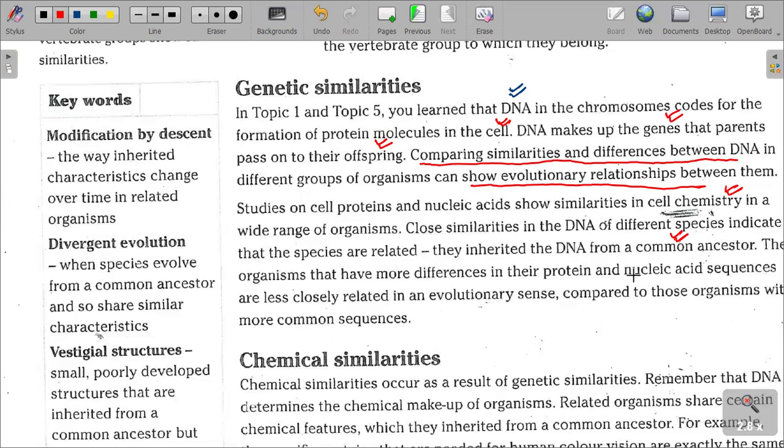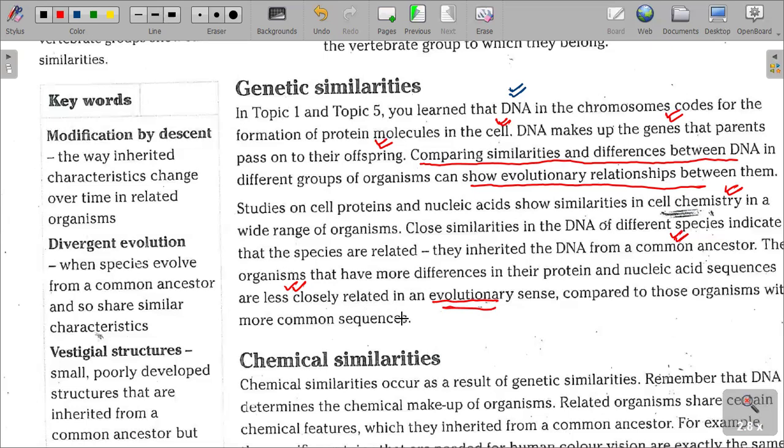The organisms that have more differences in their protein and nucleic acid sequences also show that they are less closely related. Where differences exist, it means that the organisms are less closely related in the evolutionary sense, compared to those with more common sequences.